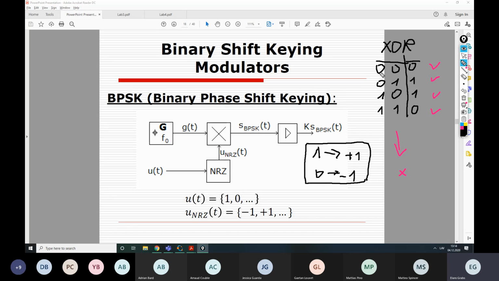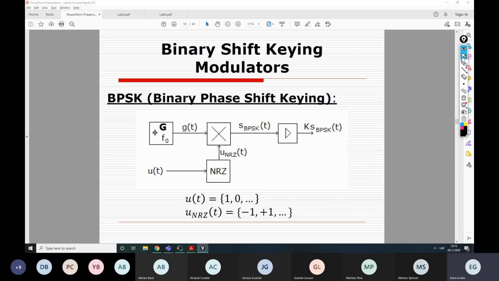Then, for 0 assigned -1, after multiplication with another -1, we would not get -1. So these operations won't be equivalent any longer. So that's why we assign in this particular order, right? I just wanted to make it more clear to you why I am using this particular assignment.